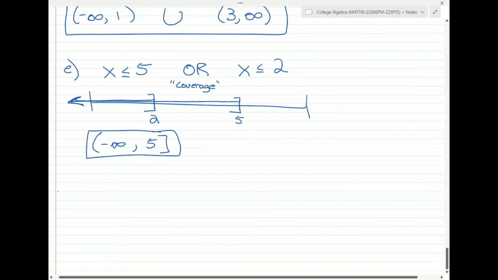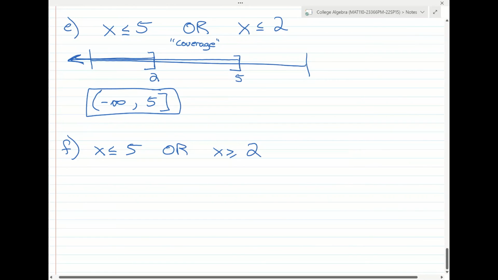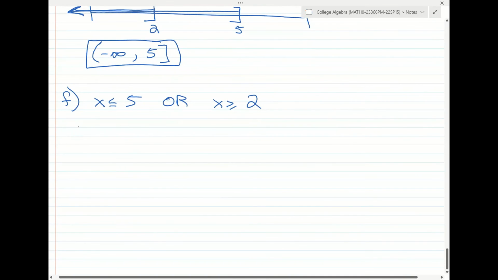One last example with this, and then we'll move on to our last section tonight. What if we had x is less than or equal to 5, or x is greater than or equal to 2? Remember, when we're looking for coverage, here's all numbers that are greater than or equal to 2.